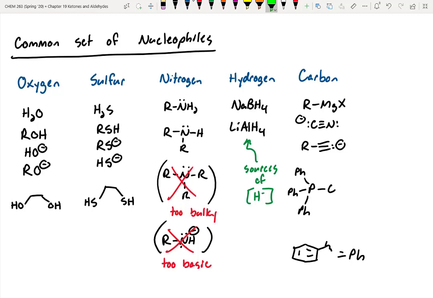So this whole ring right here is going to be a phenyl group, but I'm just going to abbreviate that for simplicity's sake. And then the carbon still needs to have a negative charge, so we'll draw that in like that. And this could have any sort of hydrogens or R groups coming off of it. I'll just keep it as 2 hydrogens right now. This is called a Wittig reagent, and so we'll look at that reaction a little bit later. All right, so that's where we'll stop today.